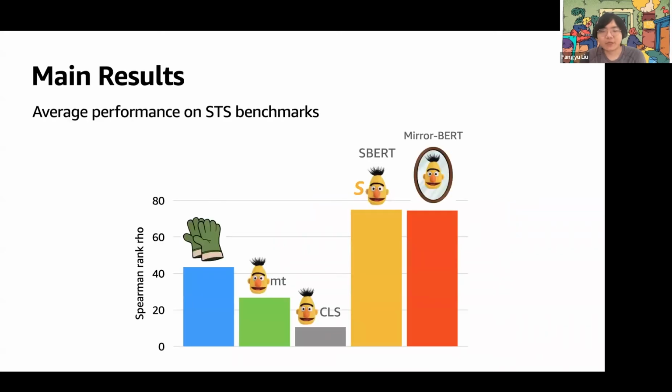So how does this perform? This sounds really basic and very unsophisticated, but it turns out that it performs really well. By the way, we call our model MirrorBERT, so that's the model on the right-hand side. It performs almost as well as SentenceBERT, which is trained with supervised learning data from natural language inference.